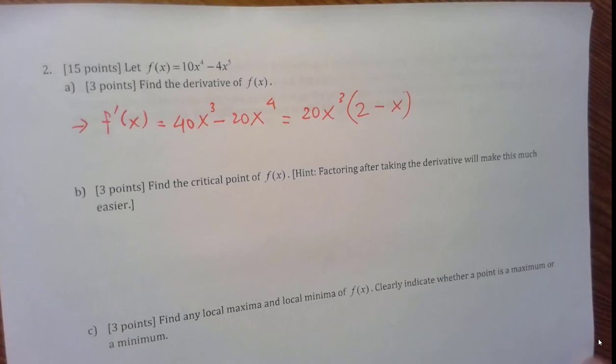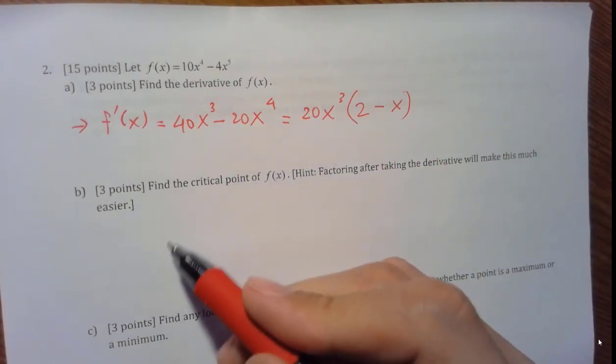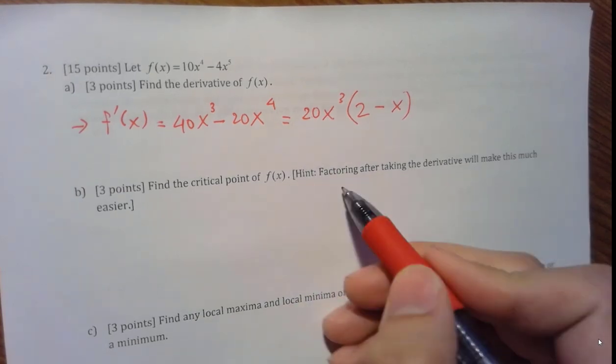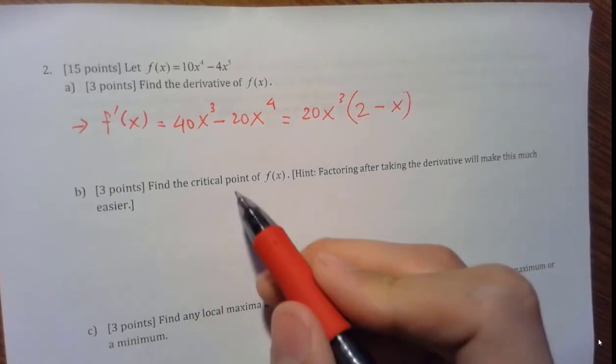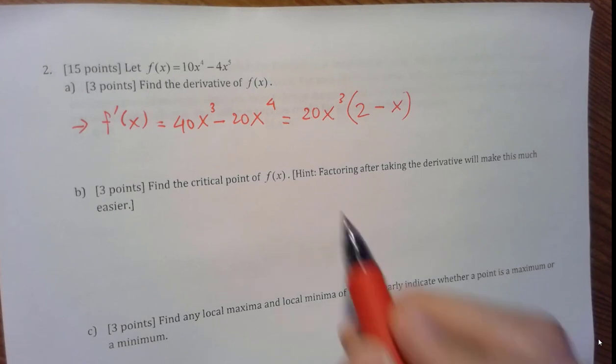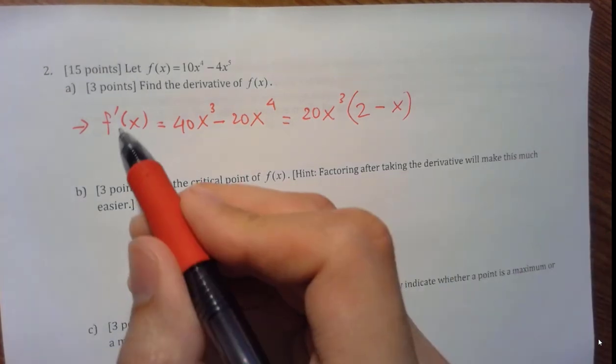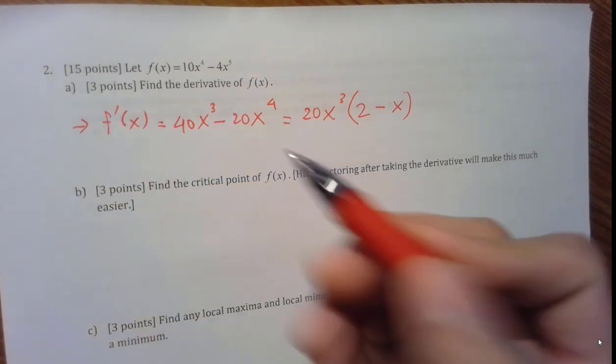The reason I want to factor this is that I'm solving for the critical points here. To find the critical points, I need the factoring. The critical points are the points that make the f prime function equal to 0.